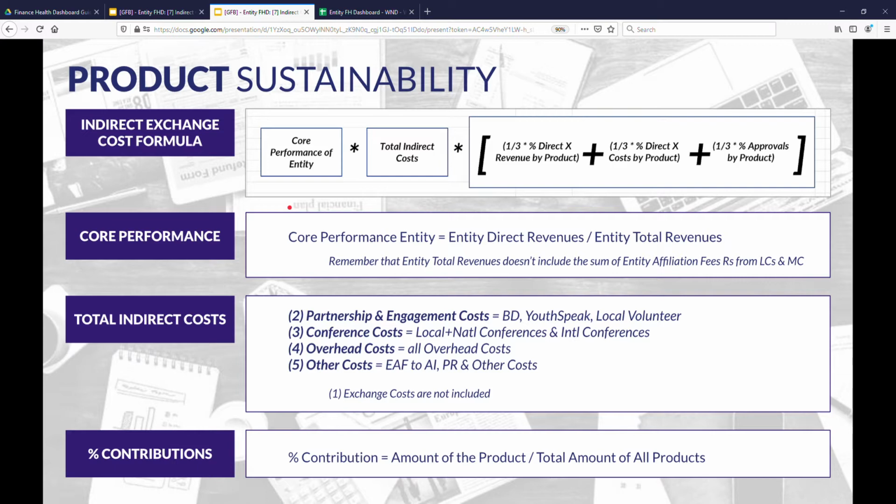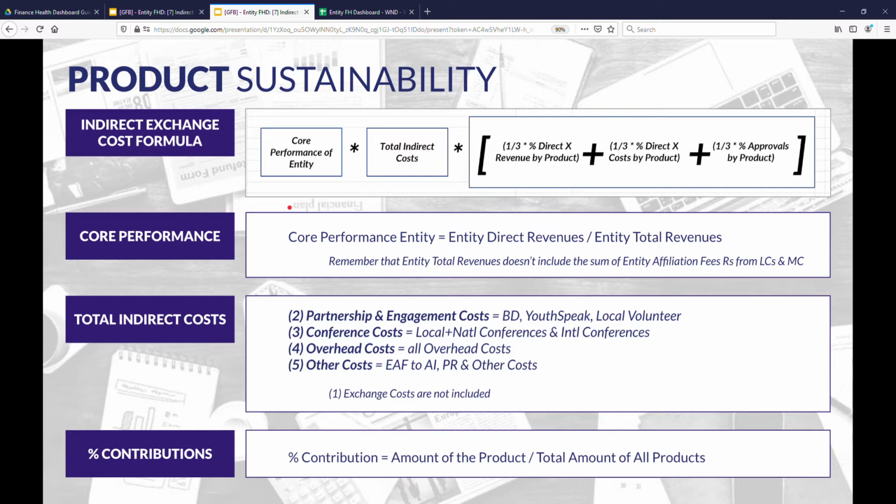How would the conference events at least support the entity's sustainability, where you can allocate some indirect cost to those types of revenues?